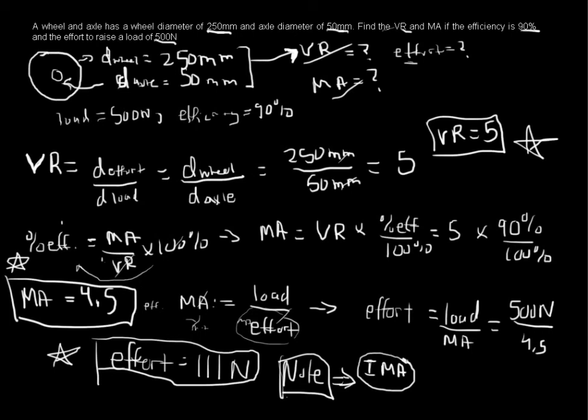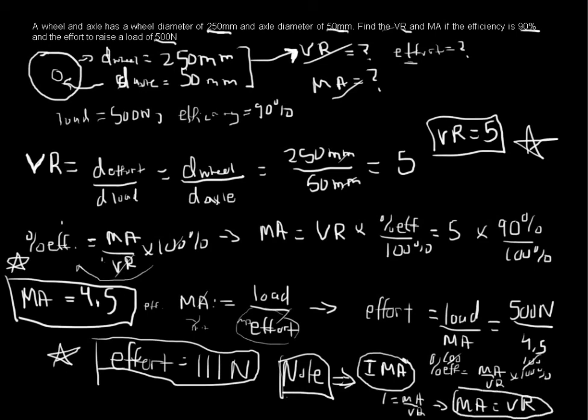That's why we only work with mechanical advantage. So if we did have 100% efficiency, we know from this formula, this would be 100, that would be 100. Divide both sides by 100, and you get 1 is equal to MA over VR. So essentially, mechanical advantage is equal to the velocity ratio.